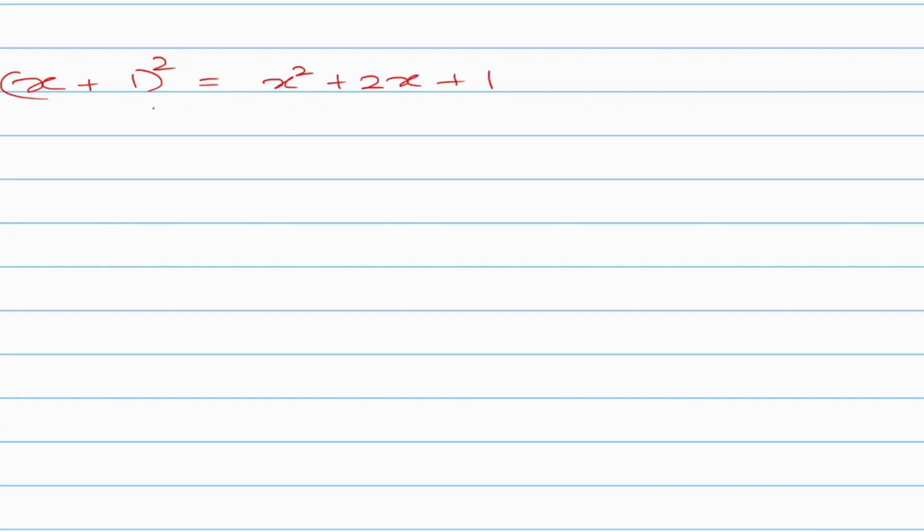What you can notice here is that this is just the square of x, and what you have over here is just twice this value. So the coefficient of x, when you expand, is just twice the value of what you have over here.